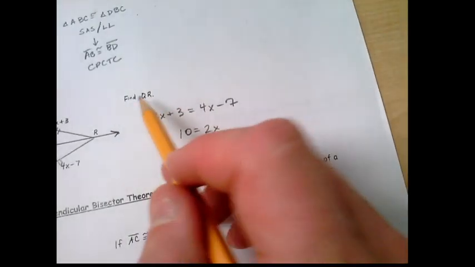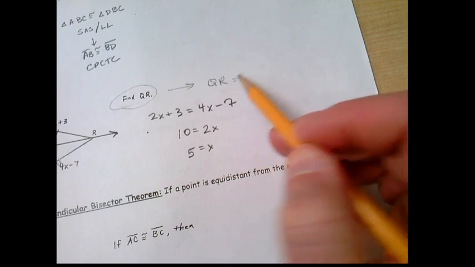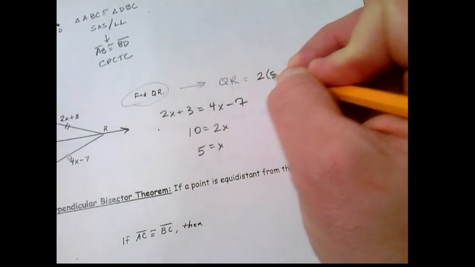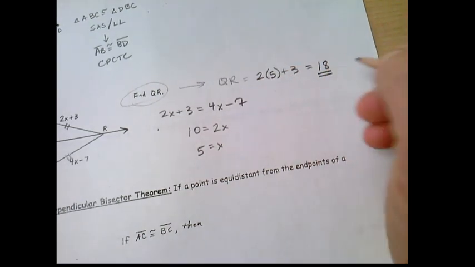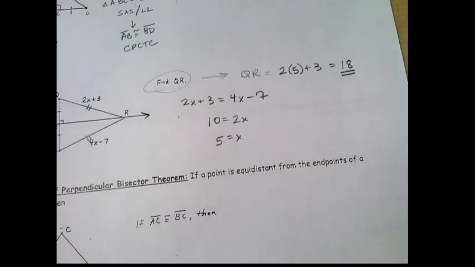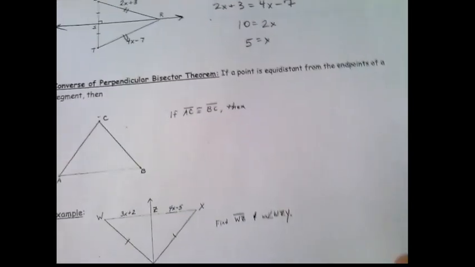But if we're trying to find QR, it is going to be, let's see here, 2x plus 3. So 2x plus 3 would give us 18. That is the length of QR, okay? So again, with these type of problems, make sure you finish them up all the way, okay?